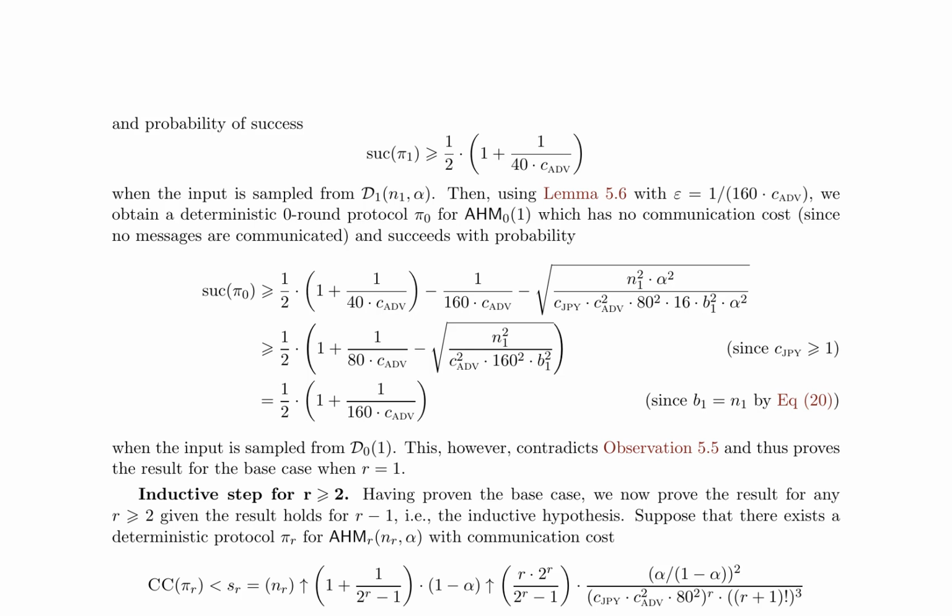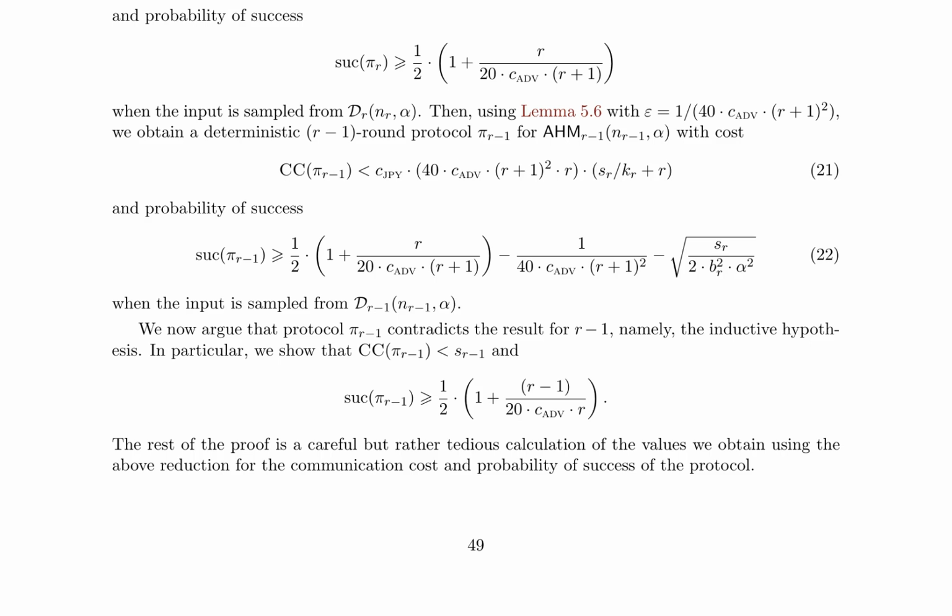For the inductive step, assuming the result holds for r-1, a deterministic protocol pi_r for AHM_r with communication cost cc(pi_r) less than s_r and probability of success suc(pi_r) at most 1/2 (1 + r/(20 c_adv^(r+1))) is considered.